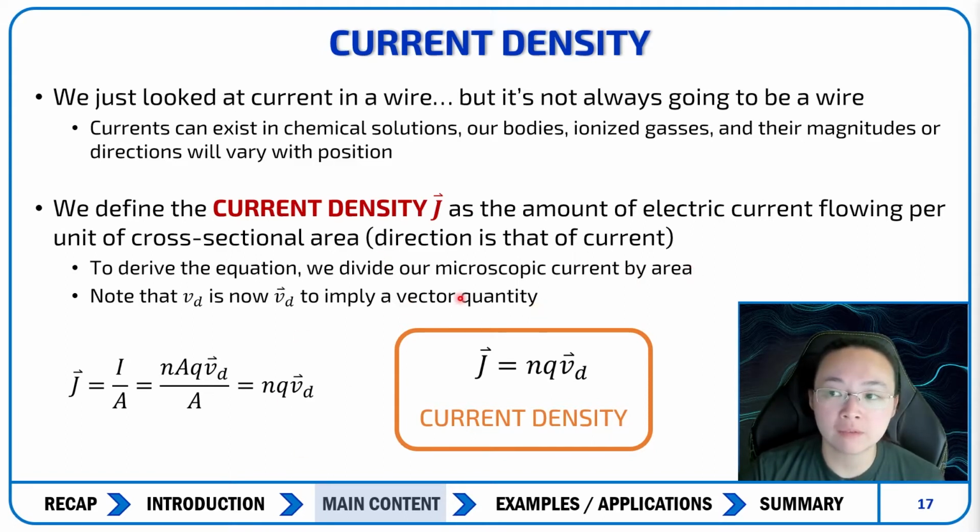To derive the equation, we have to divide our microscopic current by area. Keep in mind it is current density, so how much current per unit area. So we have I over A to define our current density. We simply have nAQVd divided by A. The A cancels out, and we have an equation for current density: J equals nQVd.